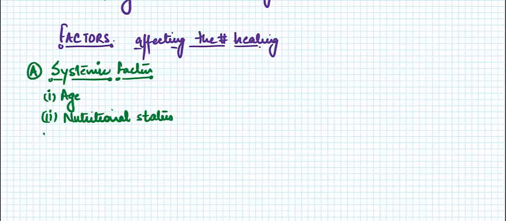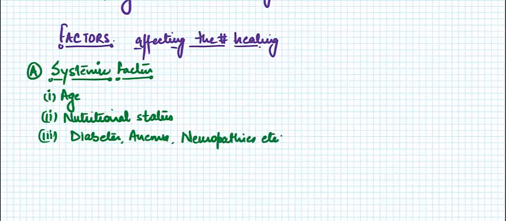There are multiple others: third, any associated disease, like diabetes, anemia, and neuropathies. If the patient is suffering from some disorder, these are known as systemic disorders. If the patient is addicted to something like alcohol or nicotine, these are known to delay the healing of the fracture. This is how we can divide the first factor.